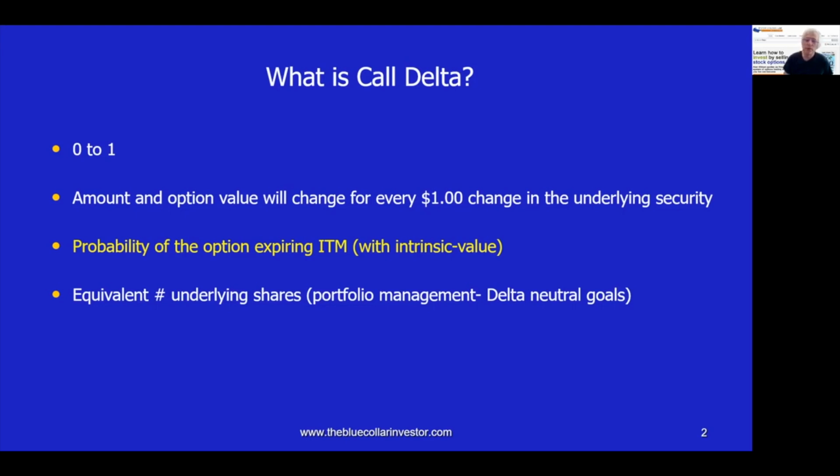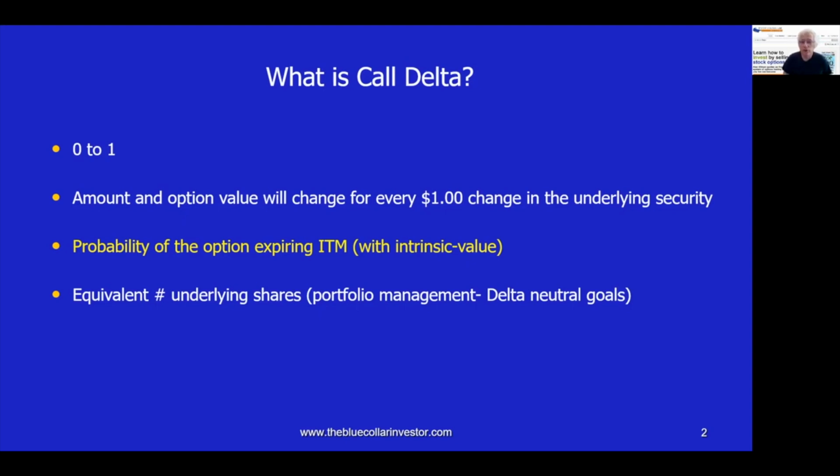It'll be between 0.5 and 1, meaning that it'll have a greater probability of expiring in the money. That makes sense. That's its starting vantage point. Whereas a deep out-of-the-money call will have a delta closer to 0, and that means that there's much less probability of that option expiring with intrinsic value or in the money.